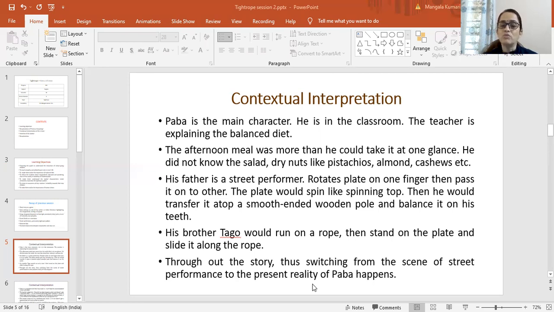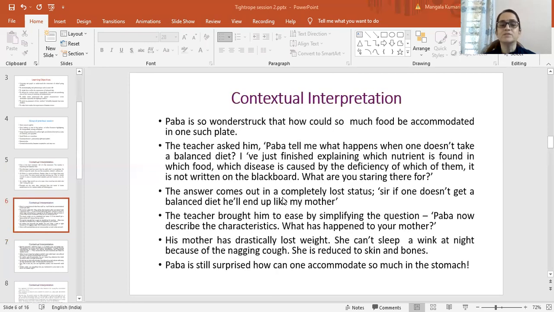Throughout the story, this kind of switching from the scene of street performance to the present reality of Baba happens. Baba is wonderstruck. How could so much food be accommodated in one such plate? He's still shocked and astonished. Now the story comes back to reality.